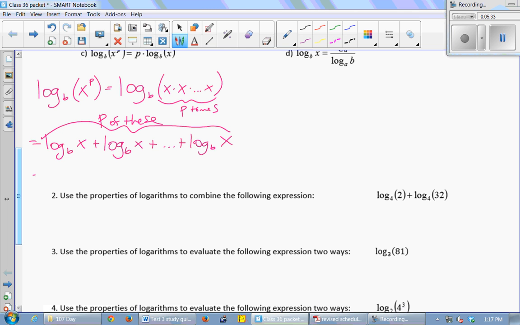And how do you write adding something to itself p times? Multiply. Repeated addition is multiplication. That's the definition of multiplication. So this says p times log base b of x.